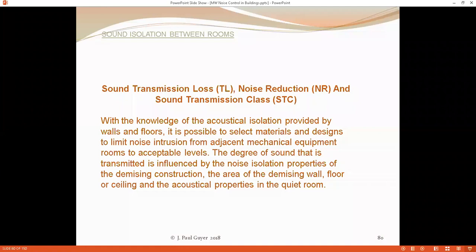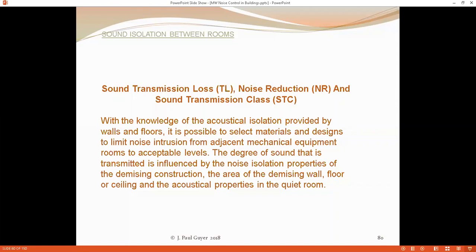Many of the design situations that you are faced with in building design are pretty simple like this. They can be more complex, but a lot of them are pretty simple.